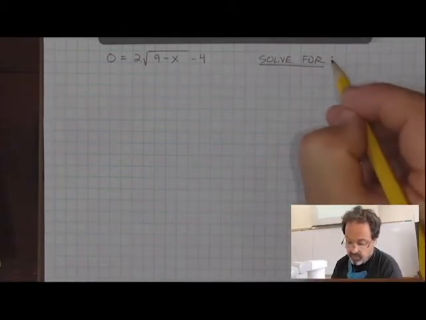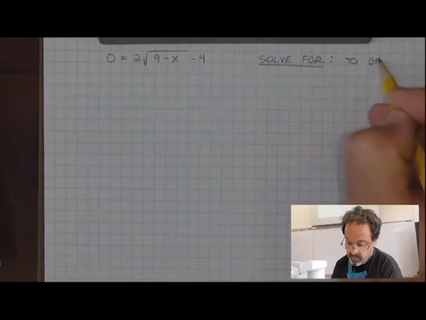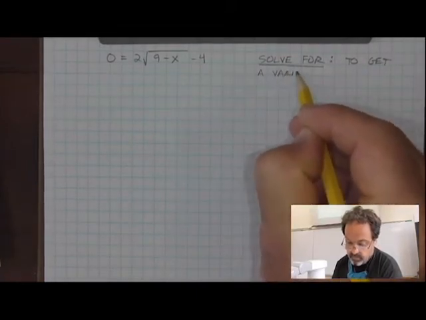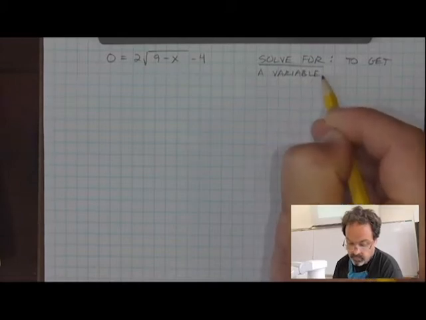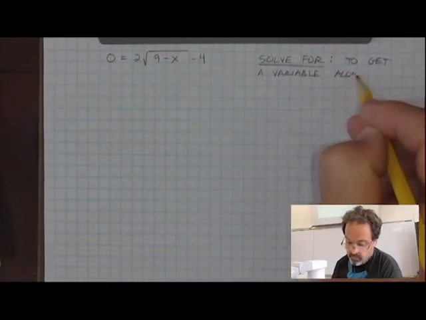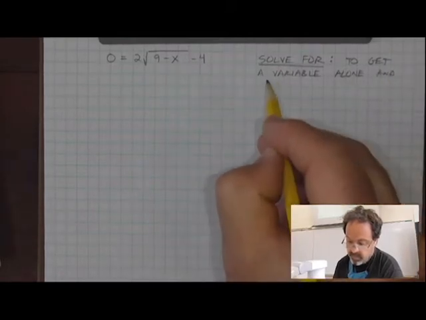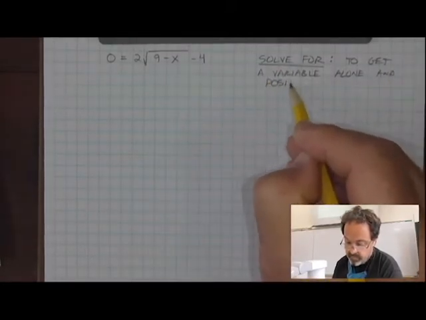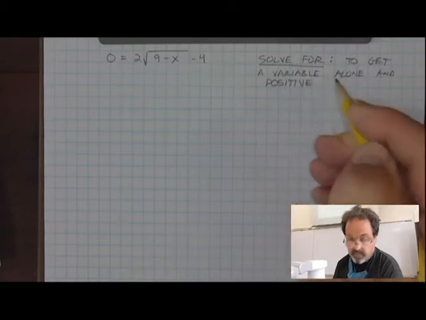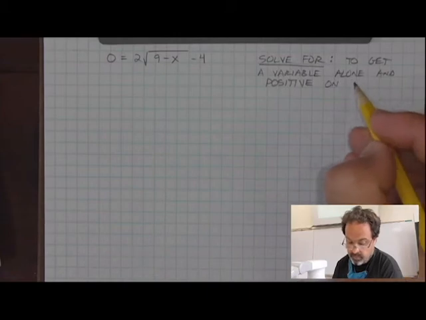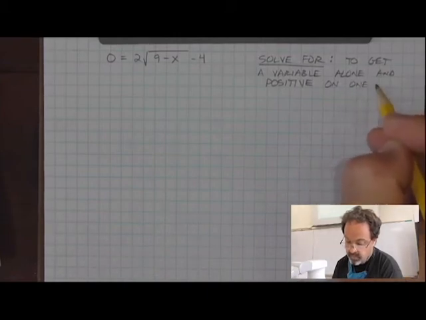Solve for means to get a variable alone or by itself and positive. It's not solve for if it's by itself and negative on one side.